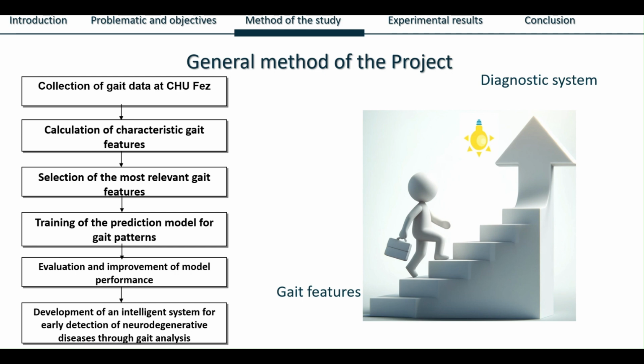With these, we train a model to predict gait patterns. After that, we check how well our model works and look for ways to make it better. And finally, we use all this to build a smart system that can spot signs of diseases early on just by analyzing how people walk.